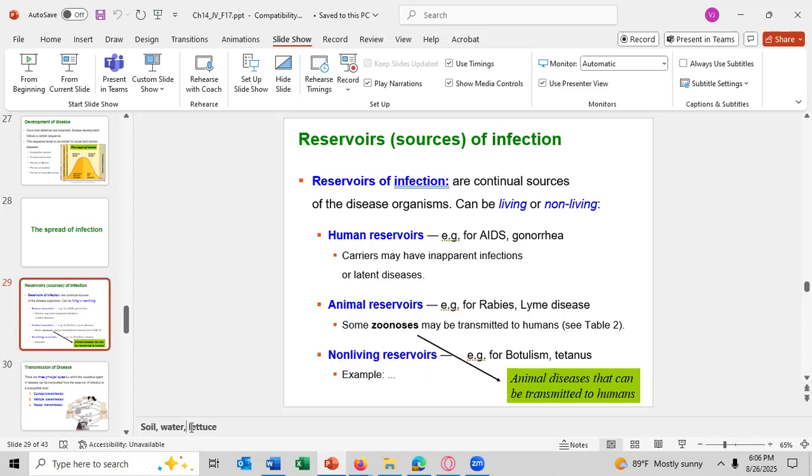Oh, let me mention that lettuce is considered a non-living reservoir because once you pick it, it's really no longer alive. I mean, as long as it's green, the cells are still alive, but you picked it, so the cells are dying. So it's considered a non-living reservoir. Any question about any of that?